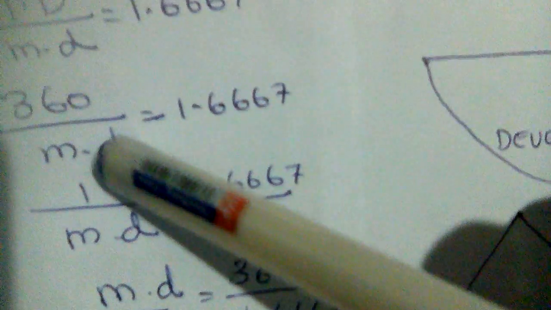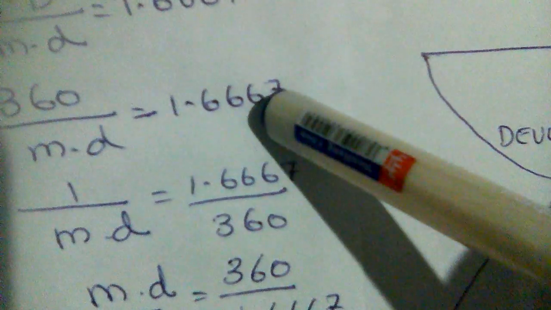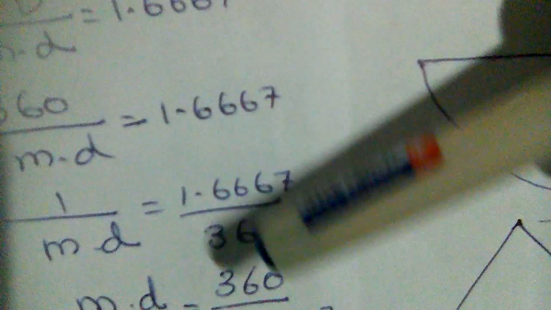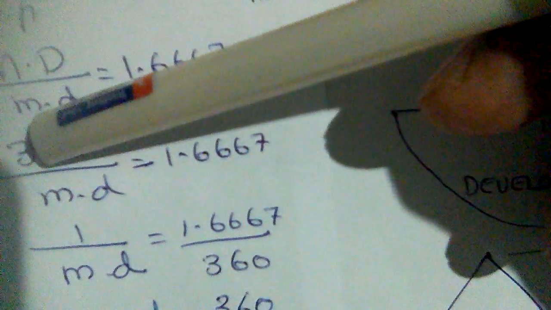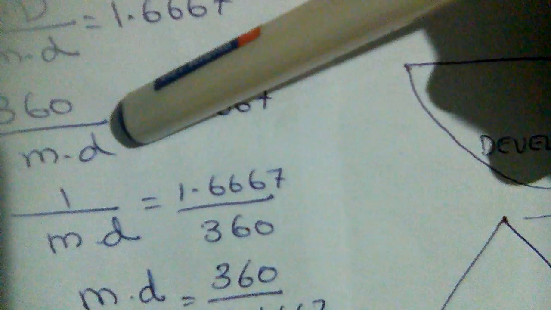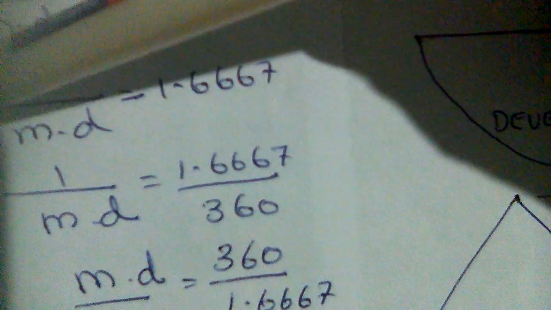We have to find out minor degree. 360 divided by minor degree is equal to 1.6667. So solving this problem, we have to take 360 to the right side of this equal sign. Instead of 360, 1 will remain.